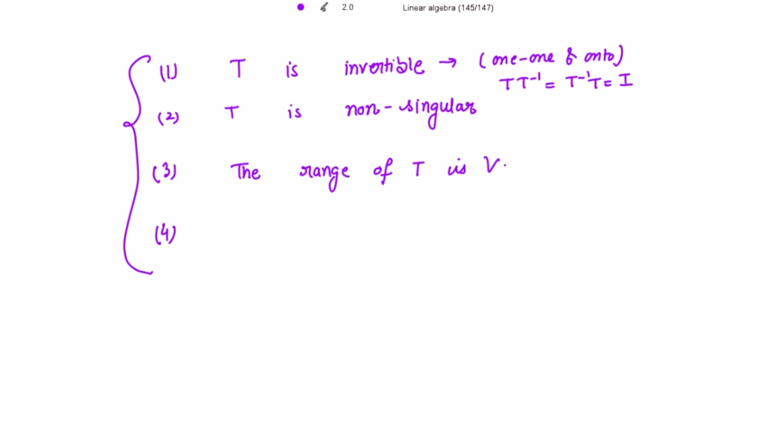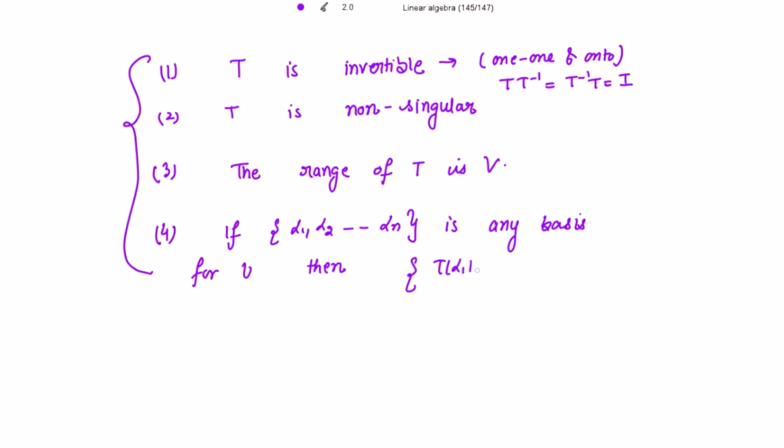Fourth, if alpha 1, alpha 2 up to alpha n is any basis for U, then T alpha 1, T alpha 2 up to T alpha n are a basis for V. So it is mapping basis to basis for finite dimensional spaces.